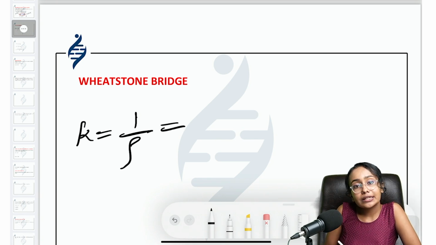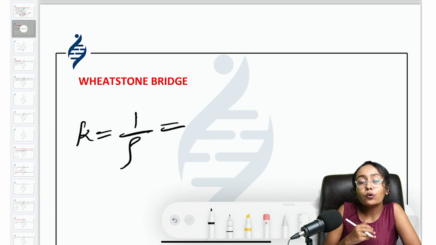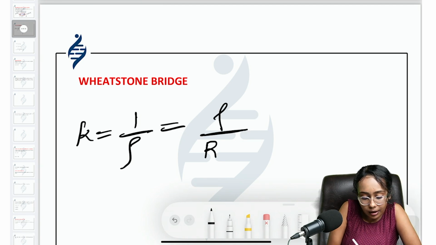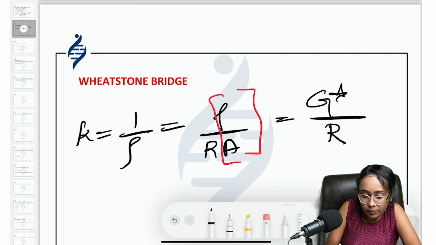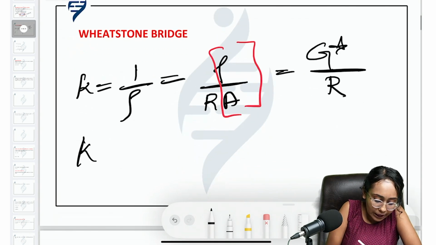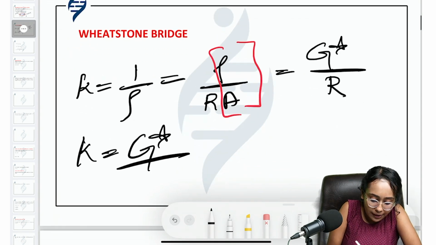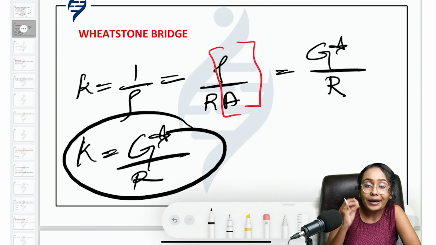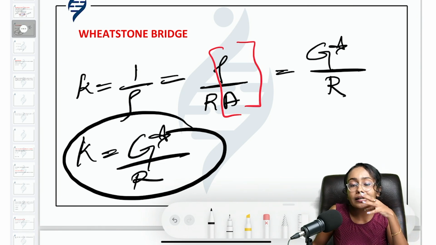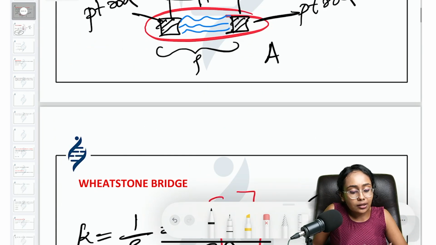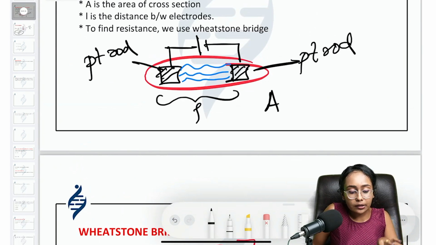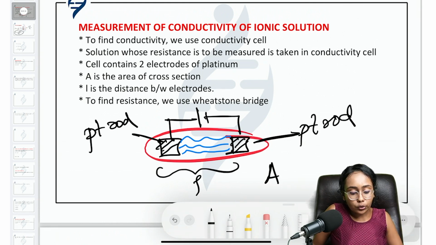Resistivity is R A by L, so the reciprocal of resistivity is L by R A. Here L by A is known as the cell constant, represented by G star, and resistance is represented by R. So conductivity K equals G star by R. From this equation, it is clear that to find the conductivity of an ionic solution, we need to know the cell constant, which we can find using the conductivity cell, the experimental setup drawn here.